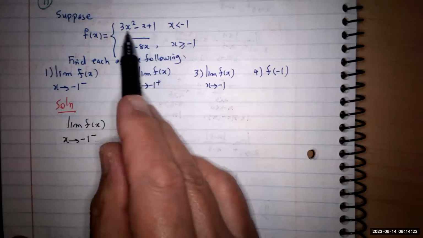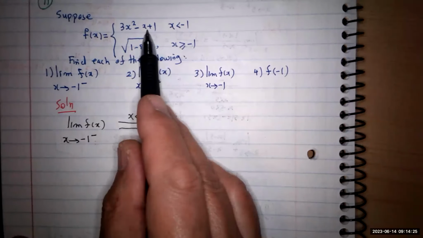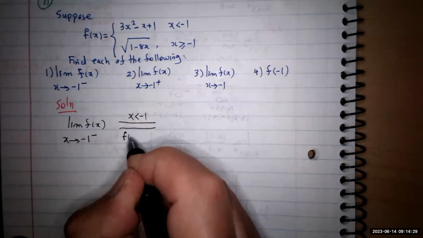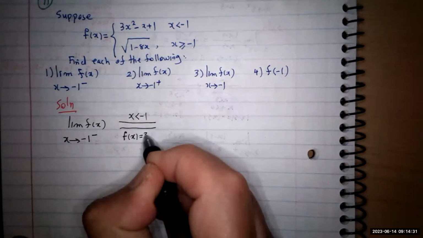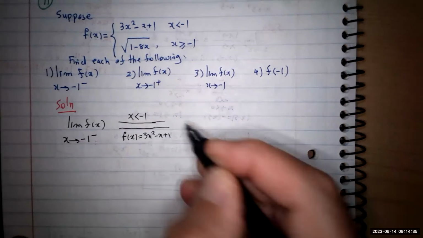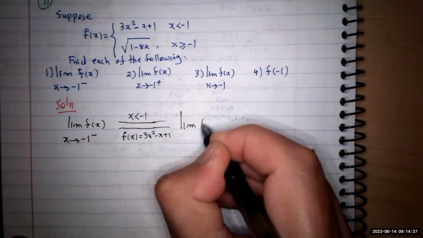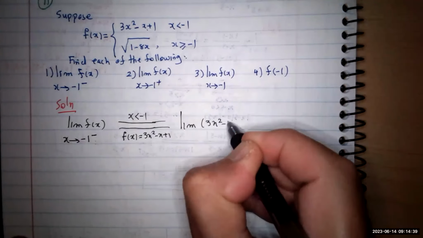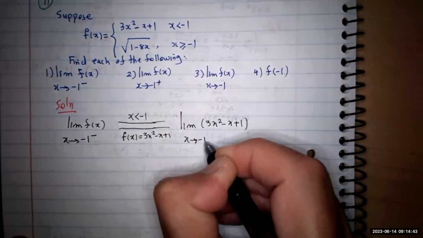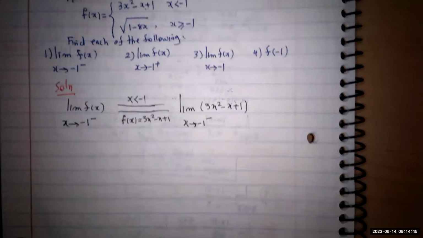So you have to use this part for your function, that's it. I just remind you that your f of x is 3x squared minus x plus 1. So you want to find the limit of 3x squared minus x plus 1 when x goes to -1 negative. From now on it is a direct substitution.